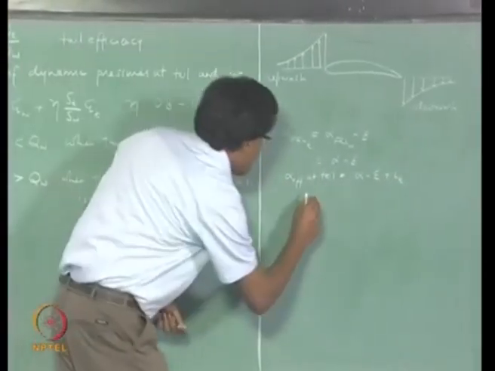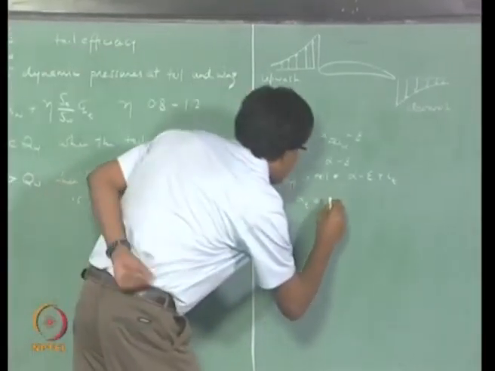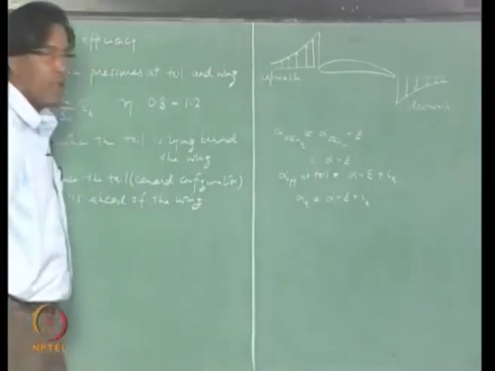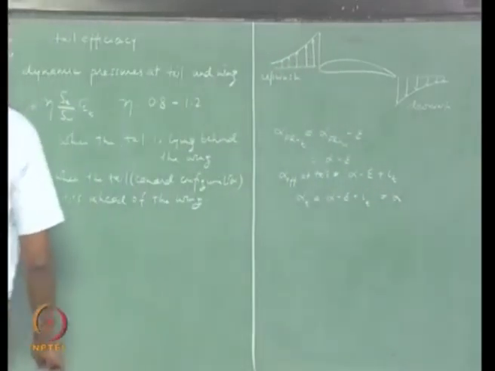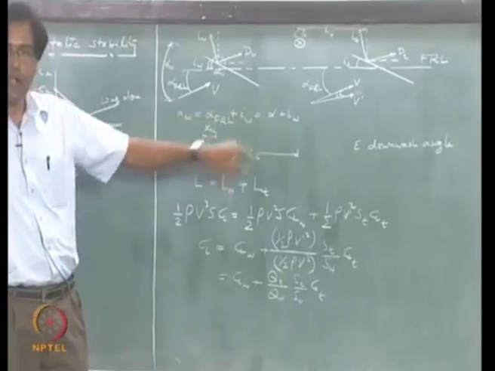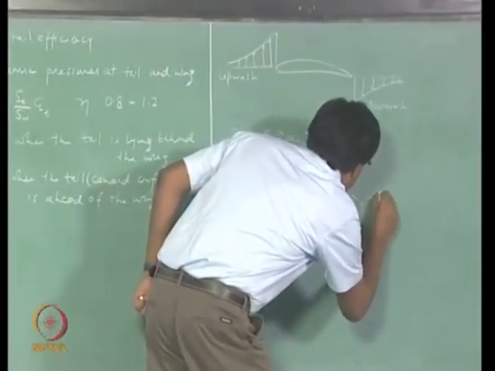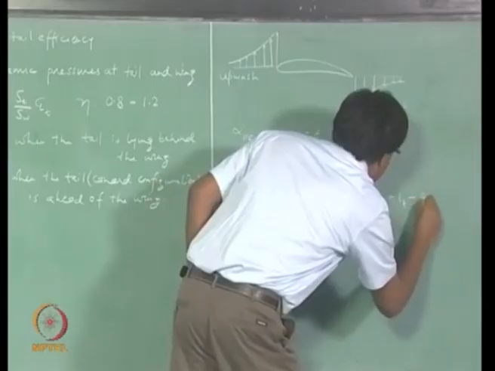So I am going to write this as alpha t, okay, at the tail, and that can be also written as, so this alpha is alpha w minus I w, right.